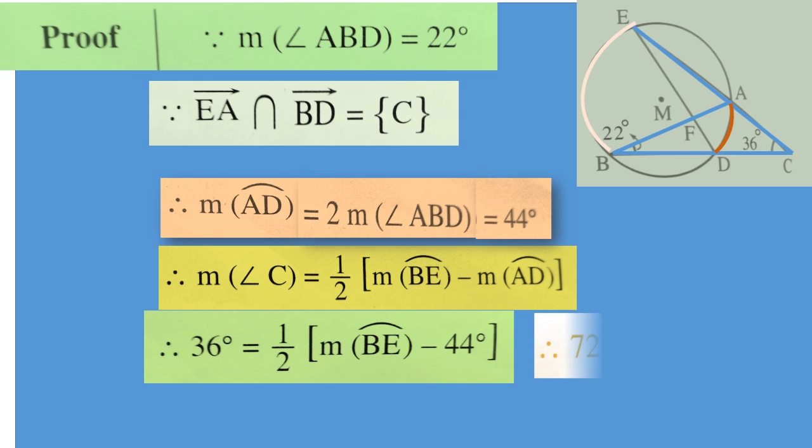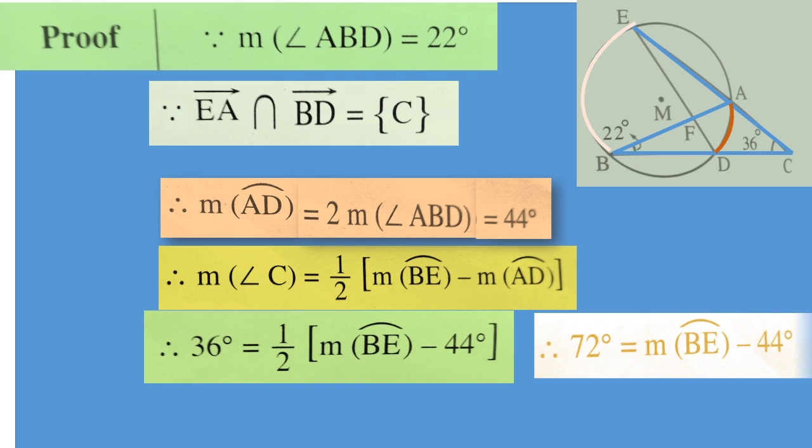The measure of angle C equals 36. The measure of arc AD equals 44. Then multiplying 2 by 36 equals 72. The measure of arc EB: I move this 44 to the other side with a different sign. Then the measure of arc BE equals 72 plus 44, the result equals 116. This is the measure of arc BE.